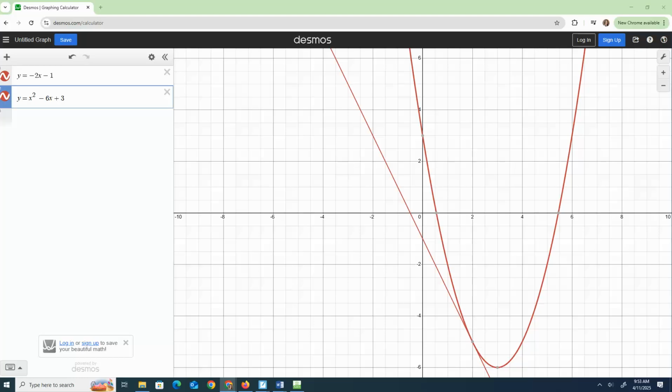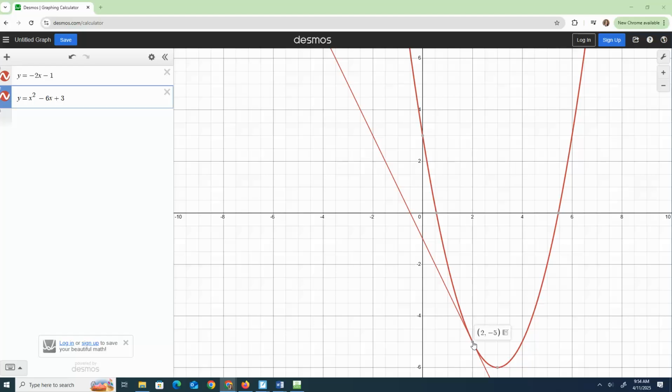Did everybody get those entered? So we are looking for the point where they touch. First of all, do we have a solution? Do these touch? Yes. Nice thing about Desmos is you can just click it and you're there.